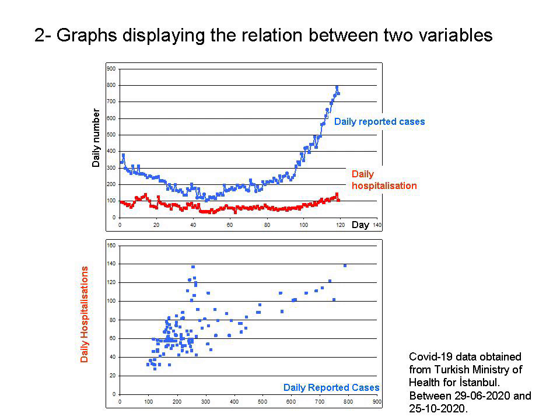daily hospitalization and daily reported cases. As the daily reported cases increase, daily hospitalizations also increase. And their relation seems to be more or less linear.